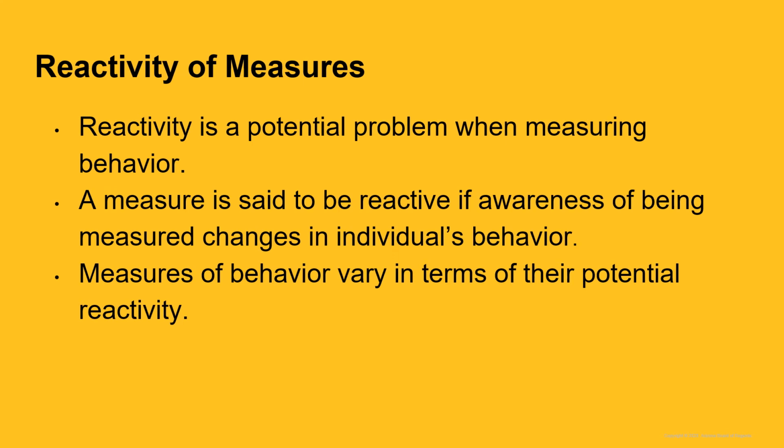Related to the concept of face validity is the idea of reactivity. Reactivity means that someone has a certain level of awareness of the situation that then affects the outcome. A person might be behaving in a certain way because they know that they are being observed, or they are responding to a questionnaire in a way that changes their response style.